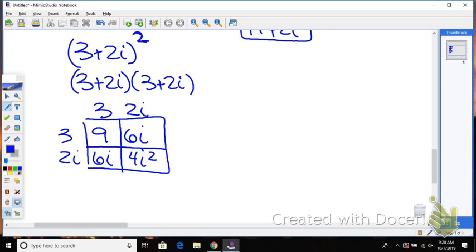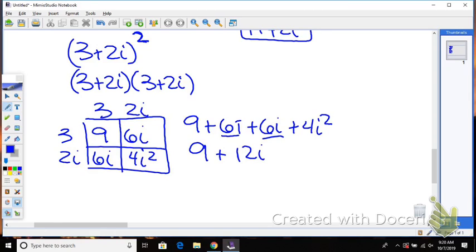Okay, so when I multiply together, I get 9 plus 6i plus 6i plus 4i squared. The two 6i's can combine together to be a 12i. And then this i squared becomes a negative 1. So what does this 4 become? Negative 4.